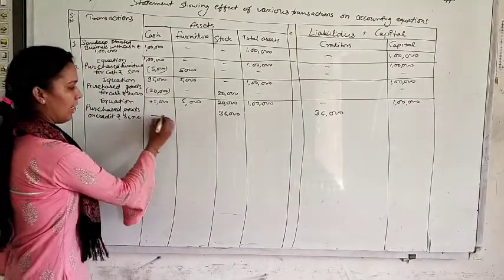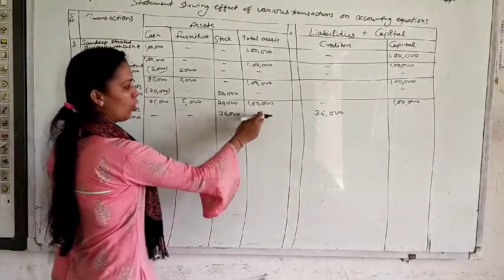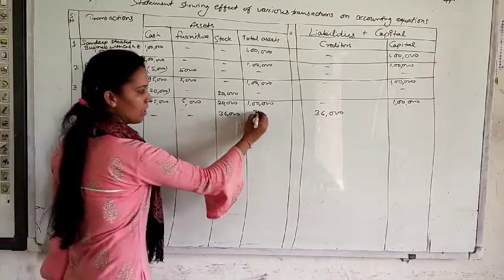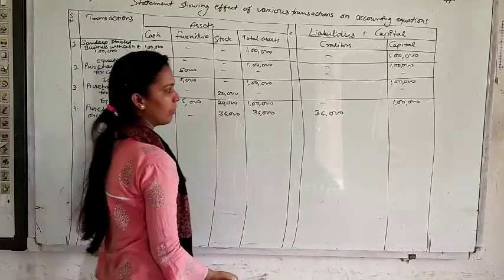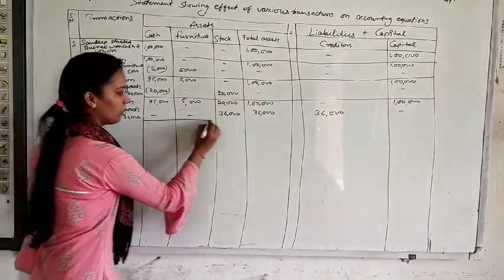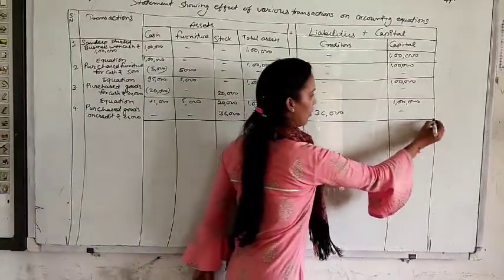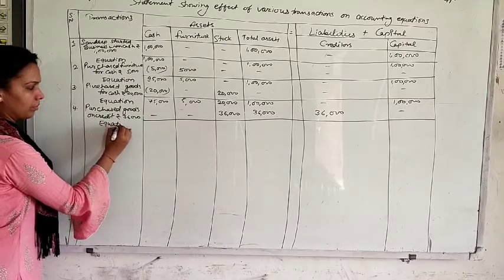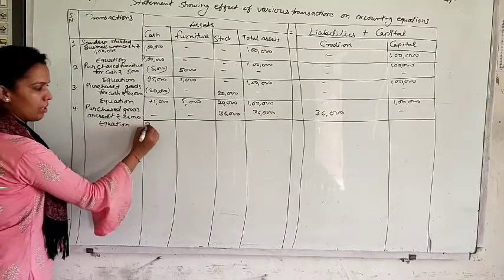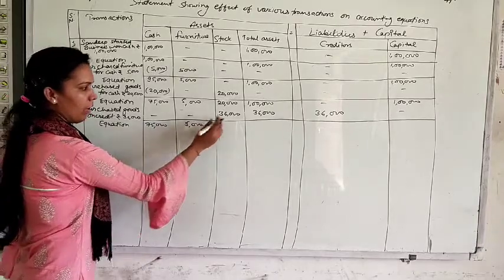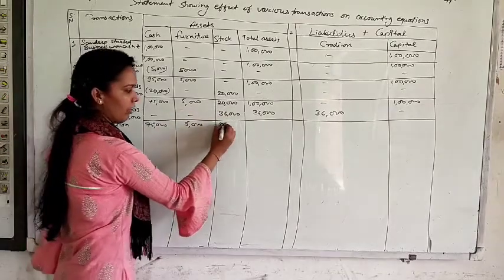No effect on cash, no effect on furniture. Total assets, total of these three columns, 36,000. And no effect on capital. Again match the equation. 75,000 will be as it is, 5,000. 20 plus 36, 56,000.